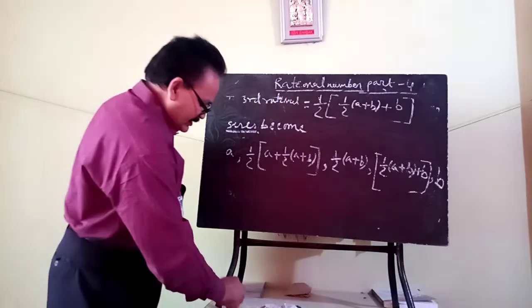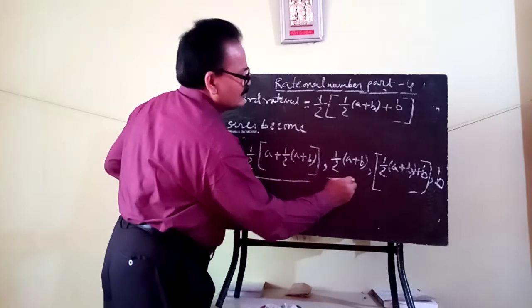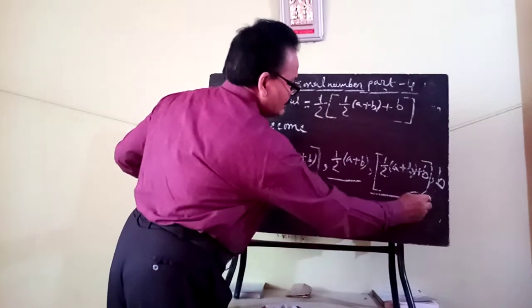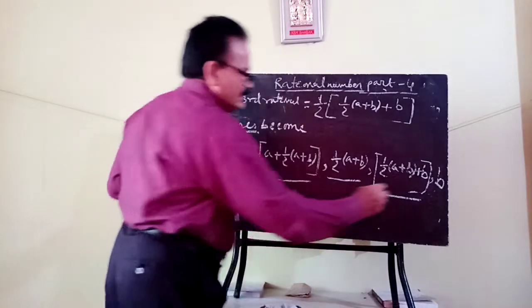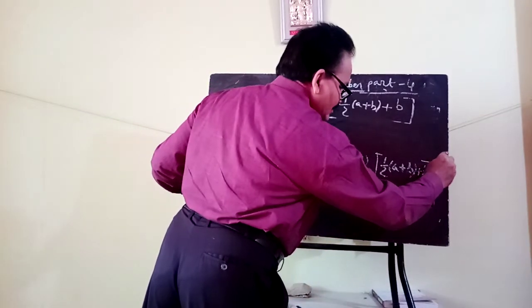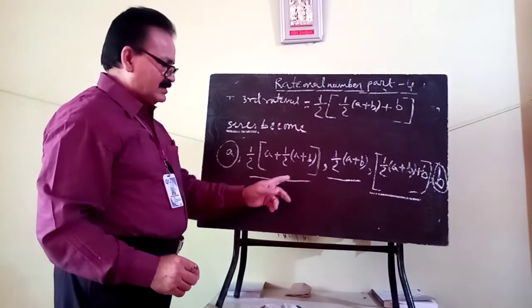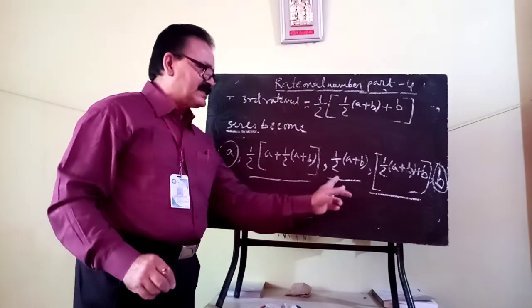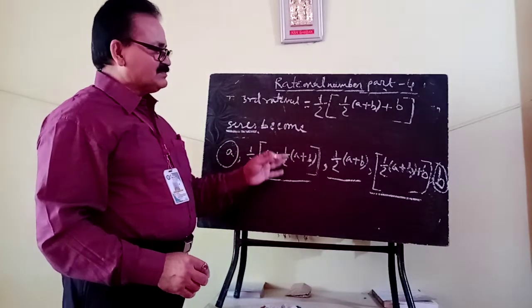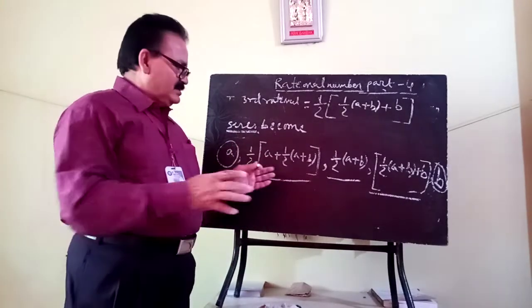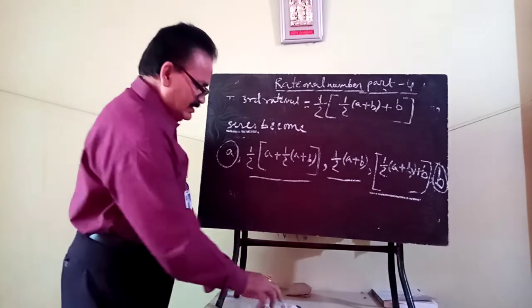So here you have inserted, this is your first, this is your second, this is your third, and this A was the given and this B was also given. A and B were given and you have inserted first, second and third. So in this way, in this first method, you can insert 3 rationals maximum. Okay?